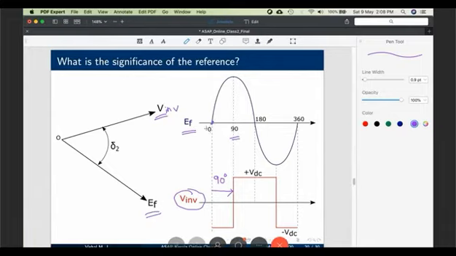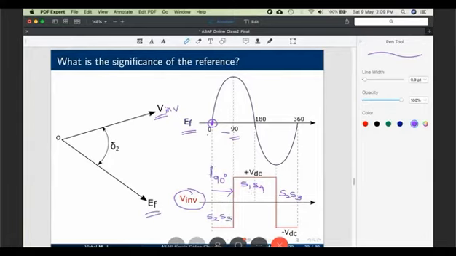Wait for the positive zero crossing, negative to positive, this point. Once this passes, wait for 90 degrees more. Once 90 degrees is over, turn on S1 and S4. Once you turn on S1 and S4, wait for 180 degrees. Then turn on S2 and S3. And this cycle repeats.